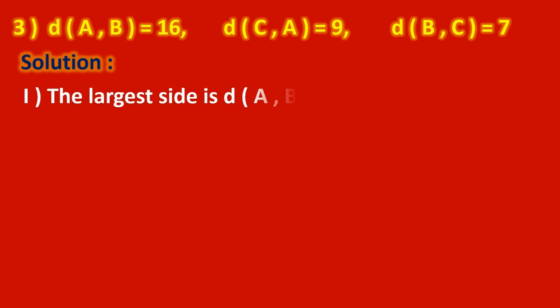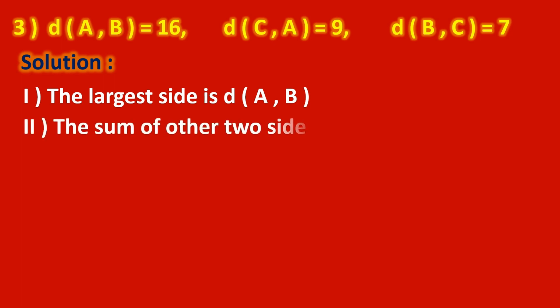Now question third of third. Distance AB is equal to 16, CA is equal to 9, distance BC is equal to 7. AB is largest, so the largest side is distance AB. Keeping the largest side aside, we will add the other two sides in next step, that is the sum of other two sides is equal to distance CA plus distance BC.